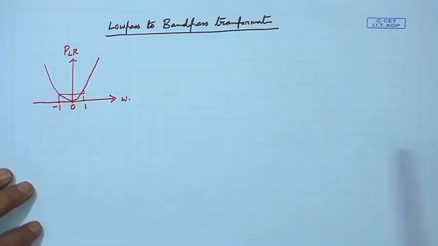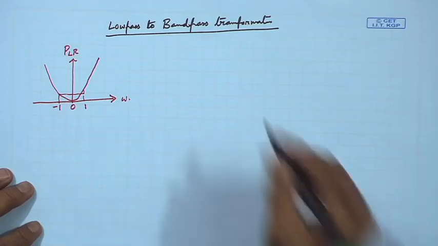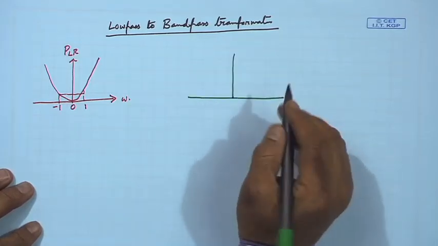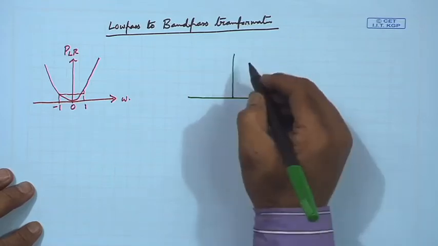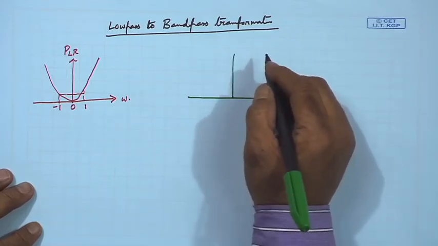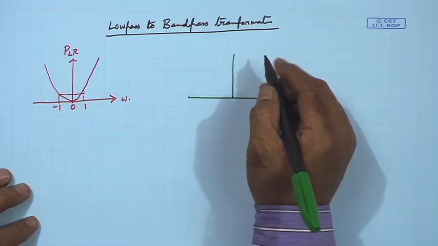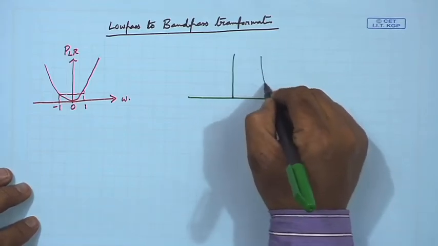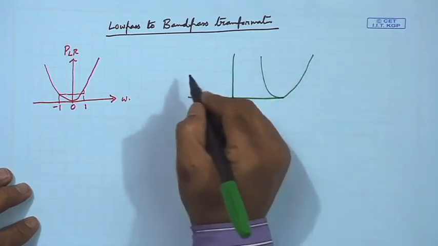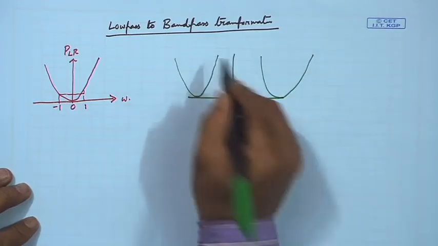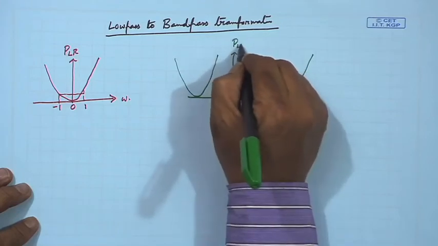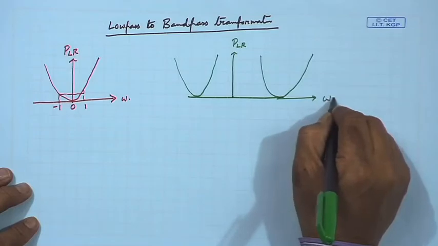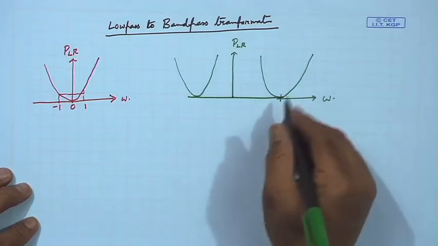Now, what I want is a band pass. This is my new PLR, I am writing the same omega.